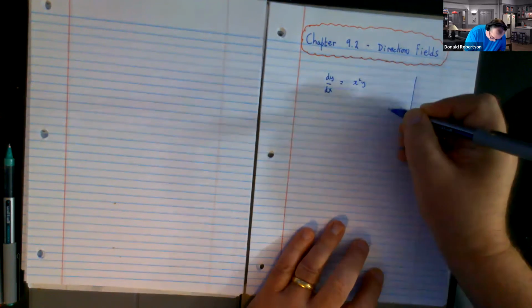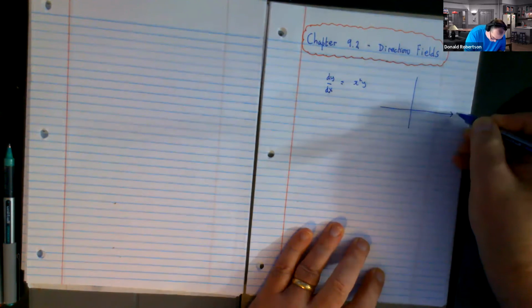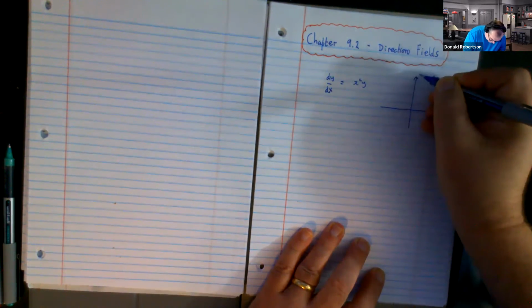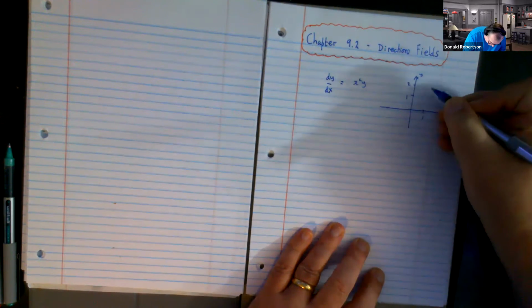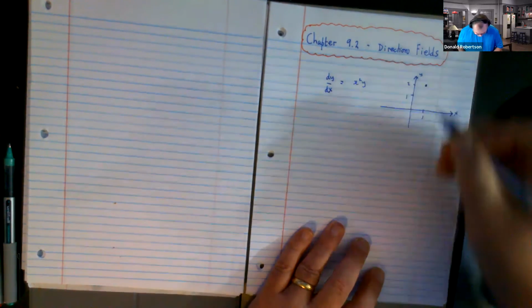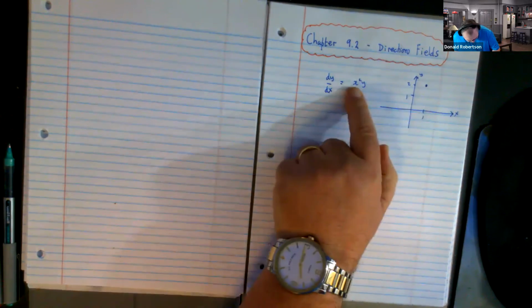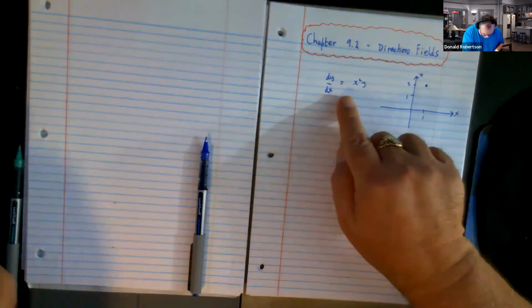So essentially what you do is you choose a point in space like 1, 2, where x is 1 and y is 2, and you put that together and you find the derivative is 1 times 2 is 2, and here you draw a little line whose slope is 2.